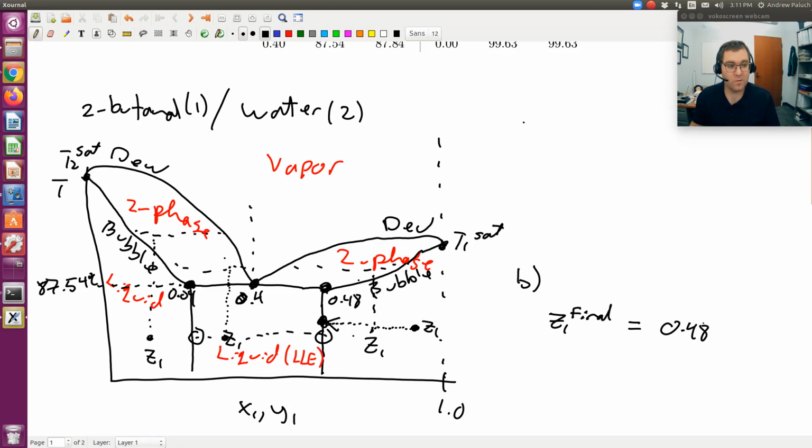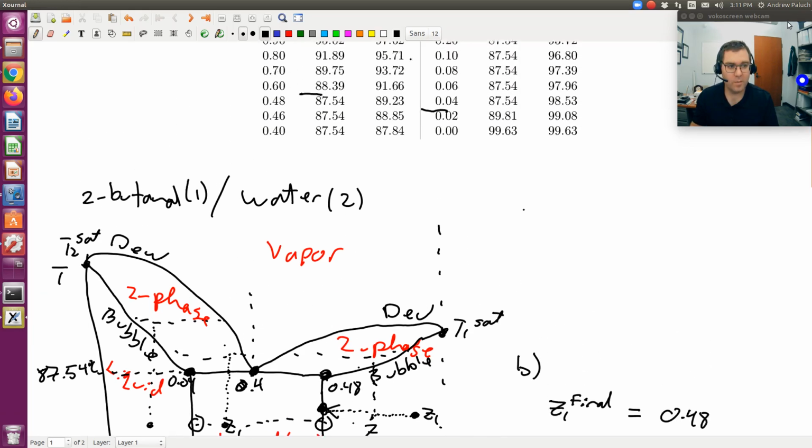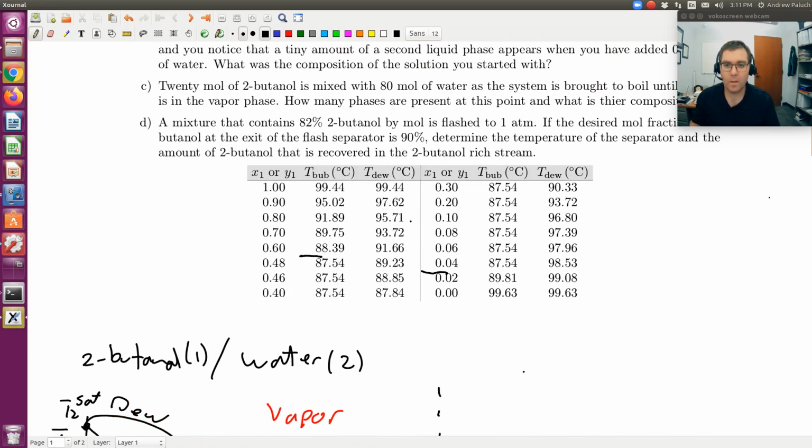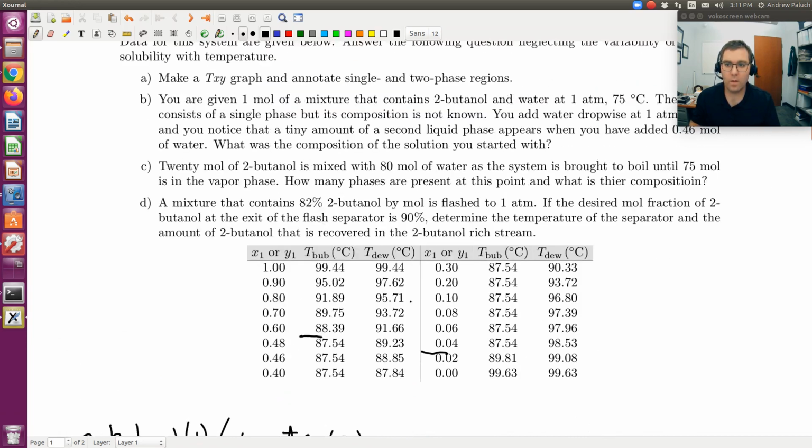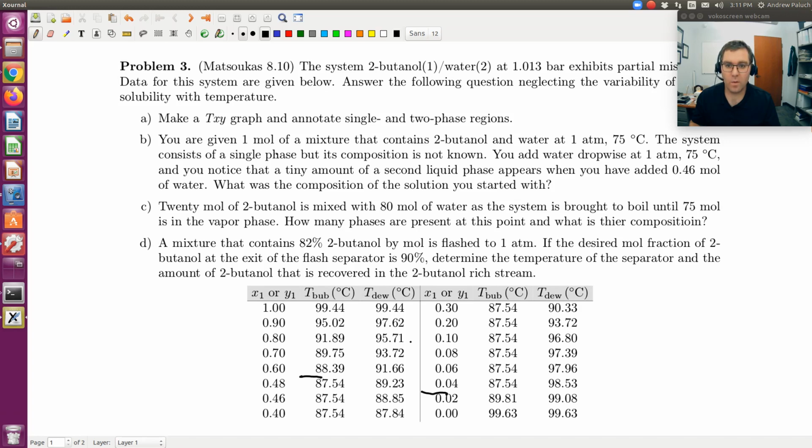So the question is, do we know how many moles we add? In B, we have 1 mole of a mixture that contains 2-butanol and water at 1 atm. And so we're going to add 0.46 moles of water.